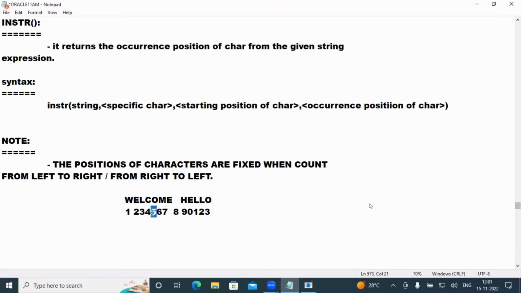That I got. But I wanted the second occurrence of O. Now tell me, in this, my second occurrence of O position, how much here? Come on. 13. So now my second occurrence of O is in position number 13.